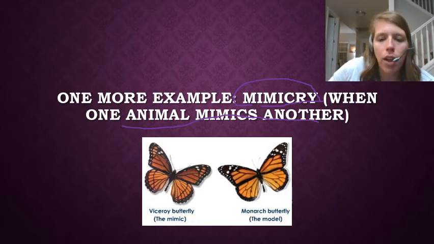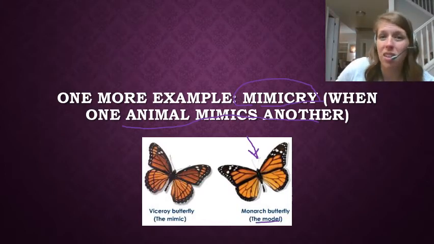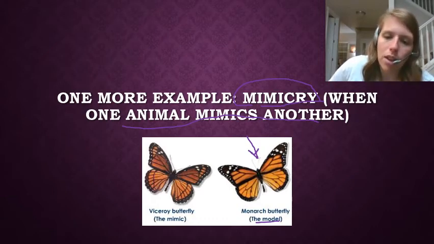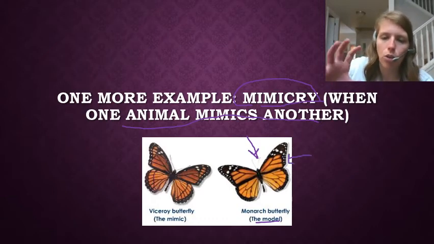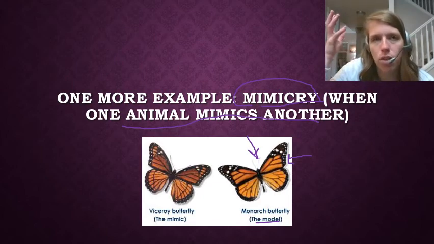A monarch butterfly has this pattern, which is a signal to birds that, hey, I'm gross. I've never eaten one, but these monarch butterflies are really, really gross to birds. They're nasty.